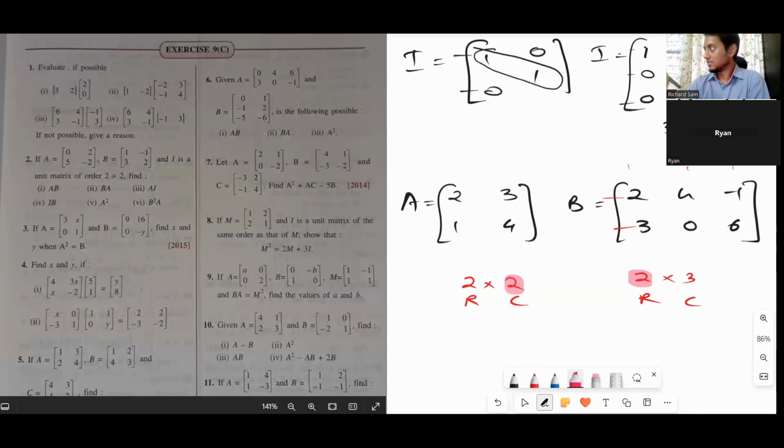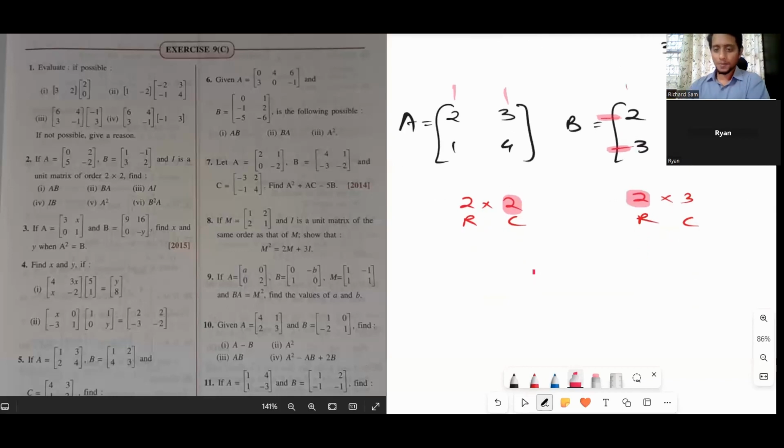Any doubt? The columns of the first matrix should be equal to the rows of the second matrix. How many columns does matrix A have? 2 columns. How many rows does the second matrix have? 2. So that's equal, right? 2 and 2. So then we can multiply.